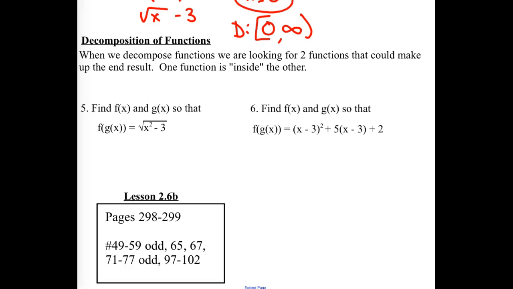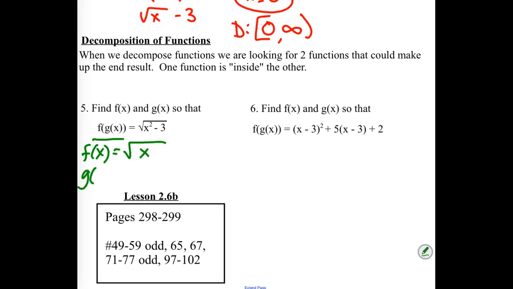So for our first one, it says they have composed f with g, and it ended up being the square root of x squared minus 3. One way I could look at that is to say I'm going to define function f, my outer function, to simply be a square root of something. So I'm going to just square root something.